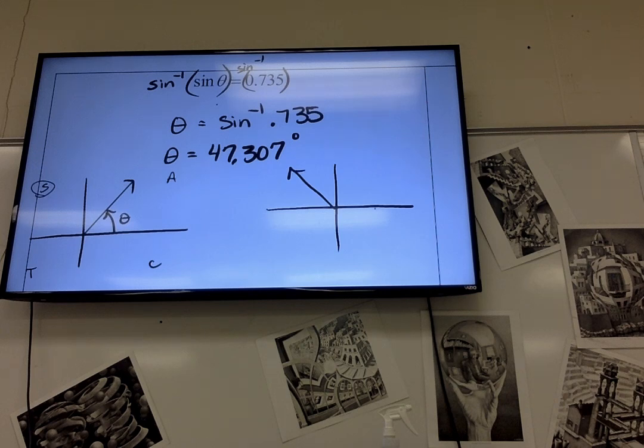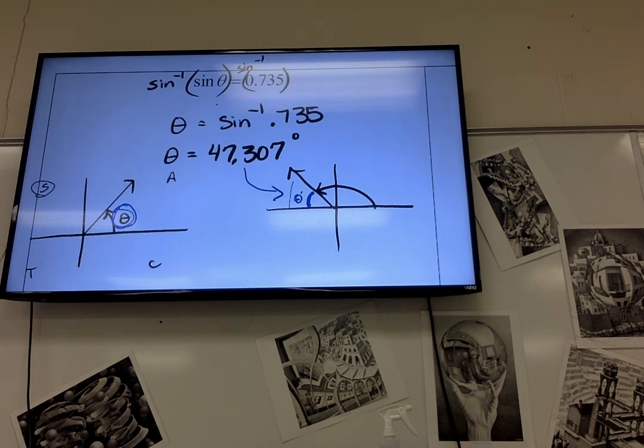So I have to find this angle, but my reference angle is still going to be the same as this one. So this reference angle here should be 47.307, because that would give us the exact same result if we found the sides and did opposite over hypotenuse.